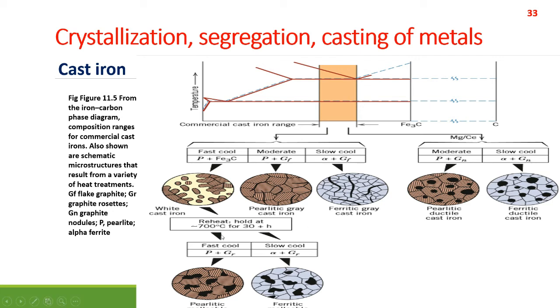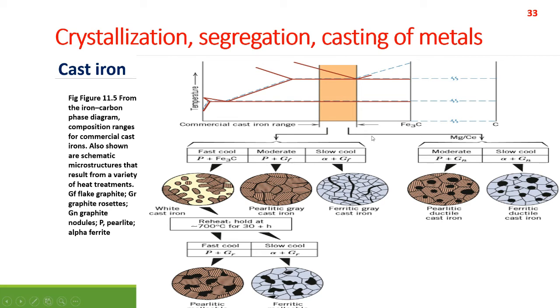Graphite rosette means, you see here there are some round shapes. These are called graphite rosettes, which are not at all like the flakes. It's a different kind of structure. And if you do slow cooling of white cast iron, you get alpha ferrite and again graphite rosettes.